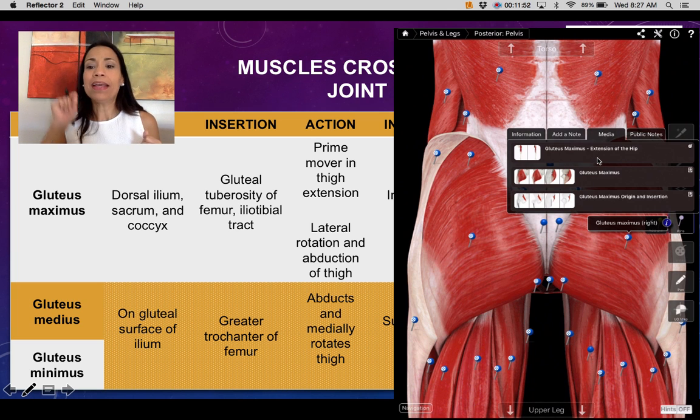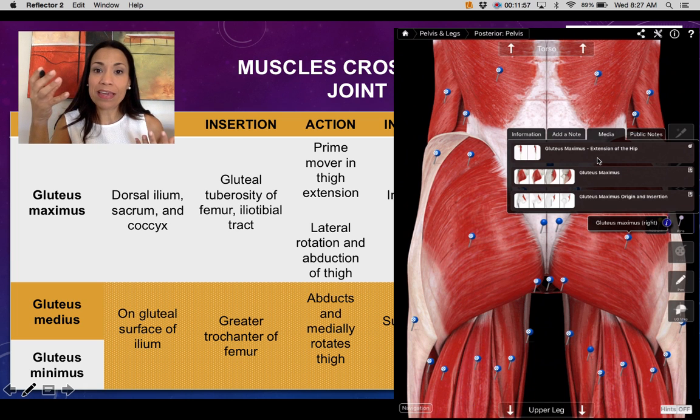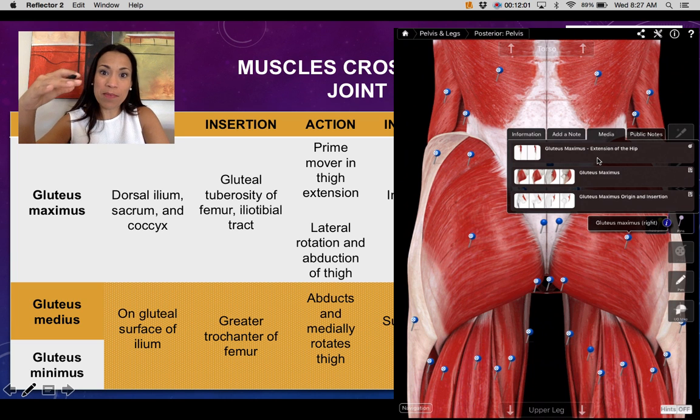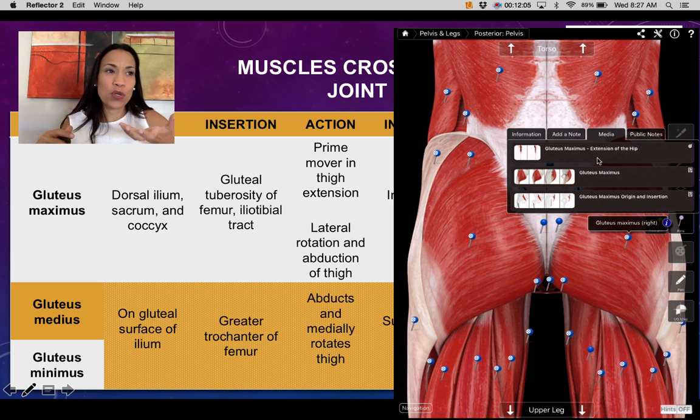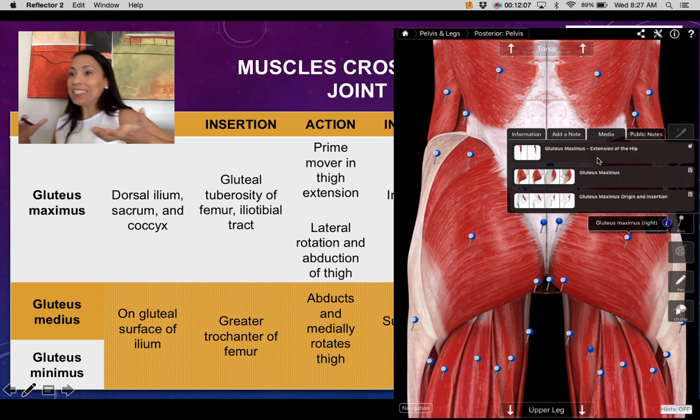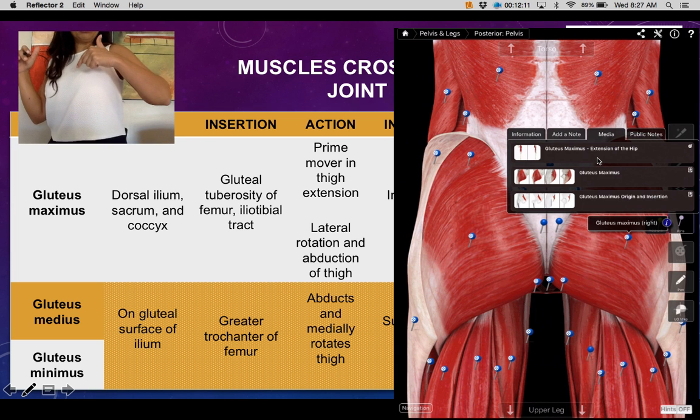Ain't going to happen. In order to engage this muscle, it extends the hip when it goes from a flexed position. So you can call it like this, standing from your chair to a standing position.